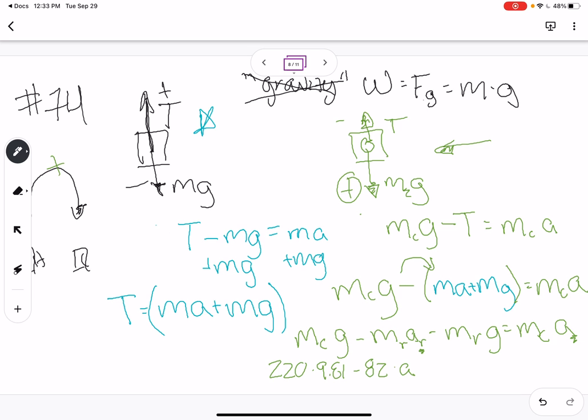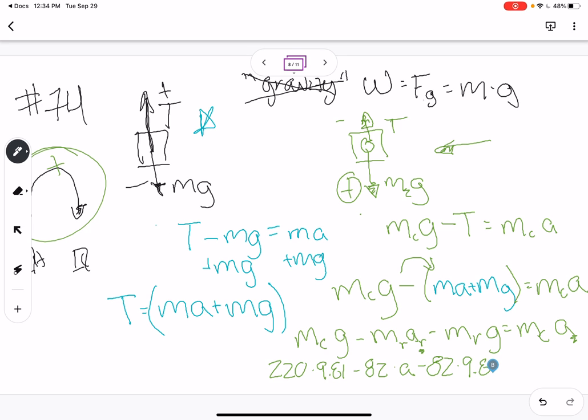How do we know that? Because they're connected together. It's one system that is connected together with a rope. This would not be the same if that rope was stretchable. That makes it a very difficult problem. That's a calculus-based problem right there. All right, back to the problem, minus 82 times 9.81.